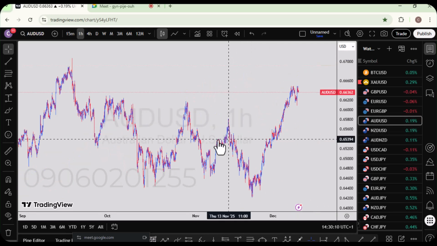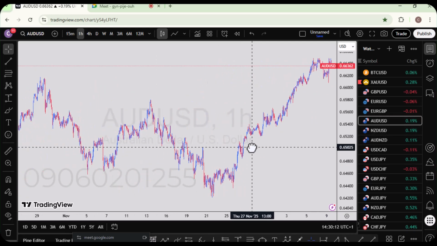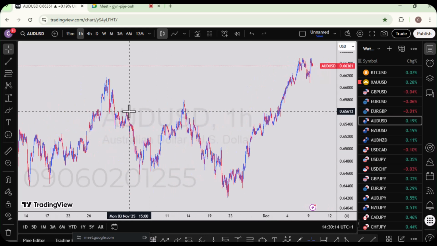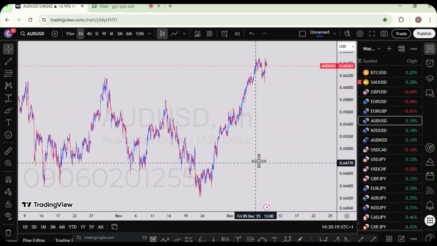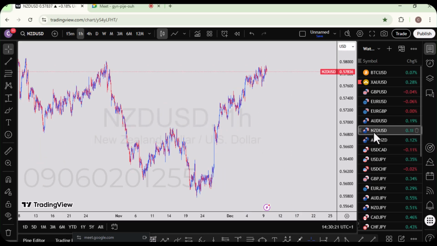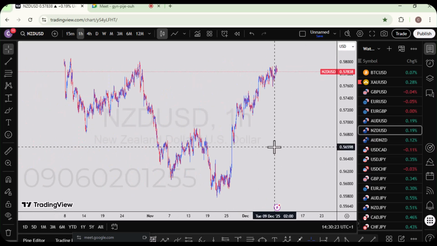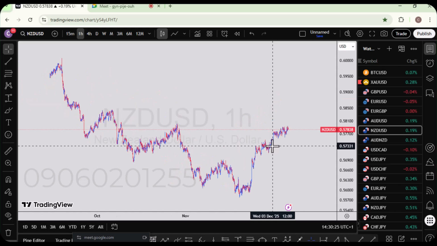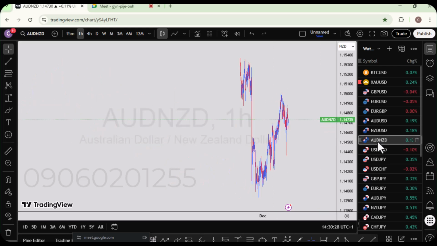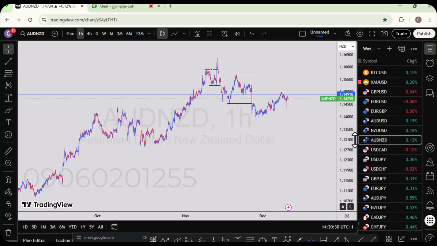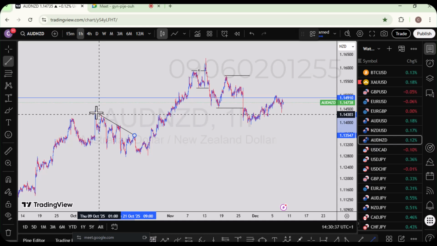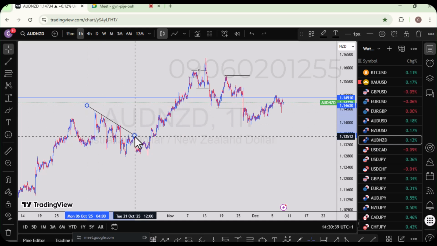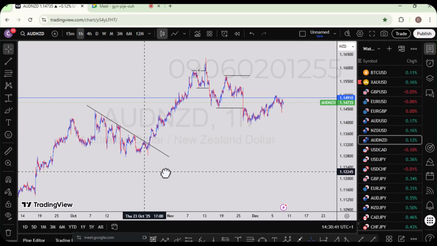Let's check AUD USD. AUD USD, we don't have any pattern here in relation to a trend triangle, right? So, no. AUD New Zealand, we have one here. Now we have from this low all the way up, plotted down.